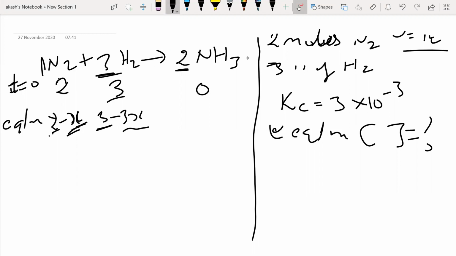So 3 minus 3x is the remaining number of moles after the reaction is completed. Did everybody understand how it is 3 minus 3x? Yes or no? Yes, understood. Okay, cool. So this is 3. Now what should come here for ammonia?